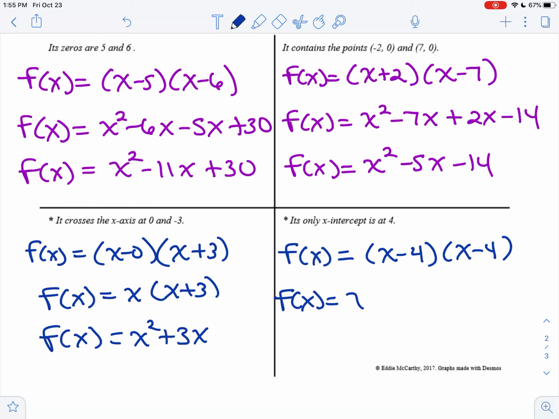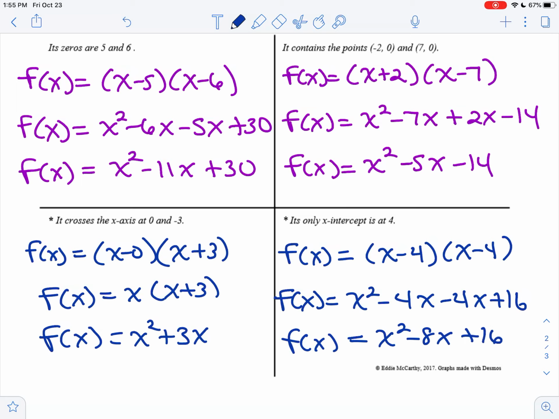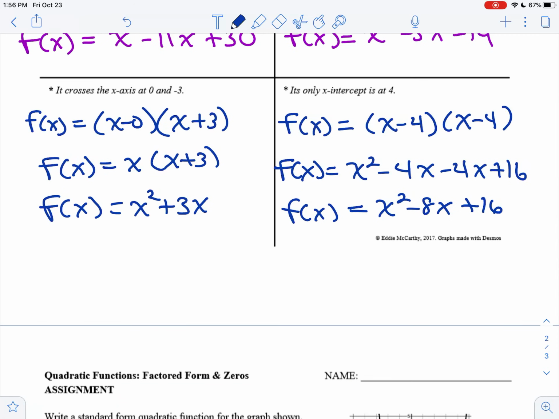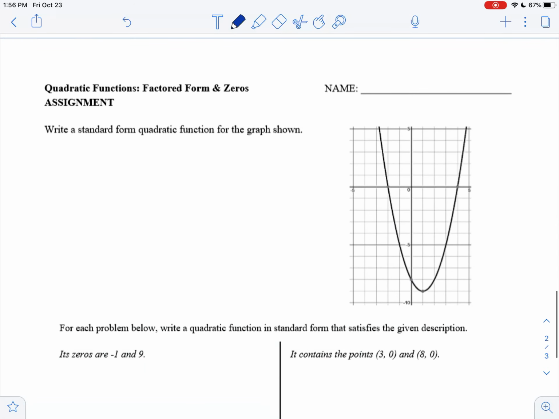Because if it's a quadratic, then it has to have an x squared. Okay, so you need two factors of x minus 4. And now, when we FOIL, we get x squared minus 4x plus 16. Or f of x equals x squared minus 8x plus 16.